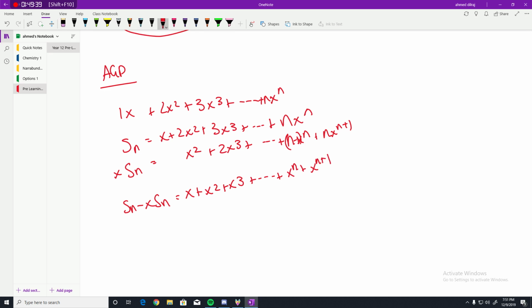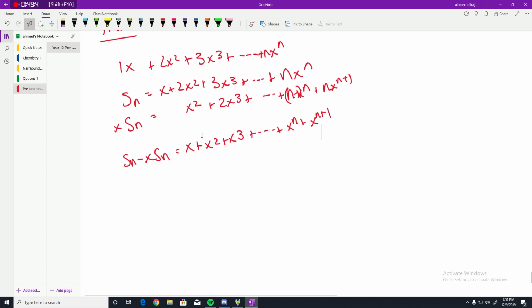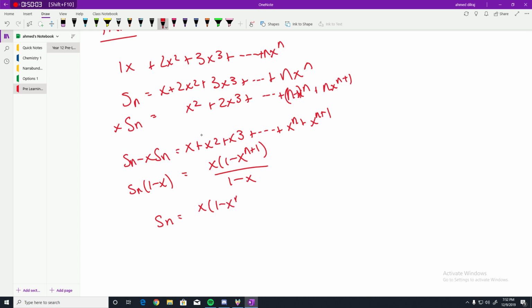Then using our simple geometric summing formulas, we know that this is x(1 minus x to the n) on 1 minus x, minus nx to the n plus 1, and that's equal to Sn(1 minus x). Sn is equal to x(1 minus x to the n) on 1 minus x squared.